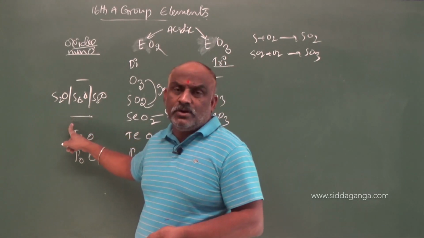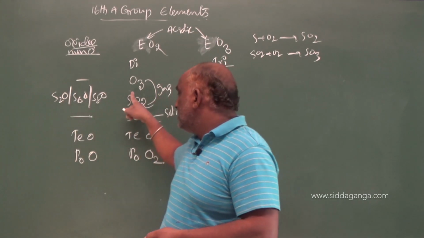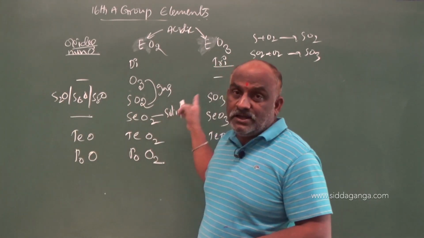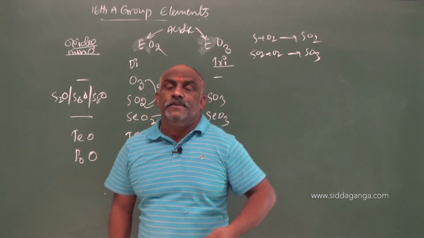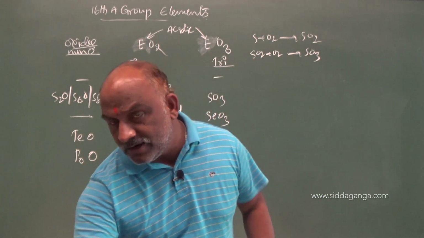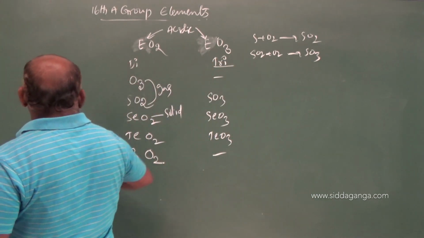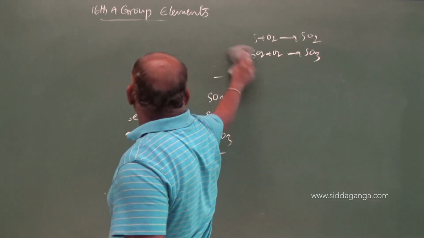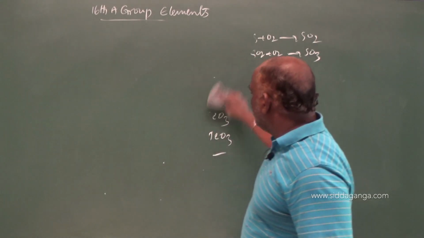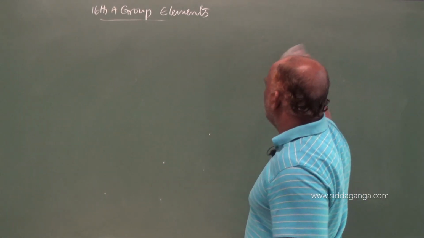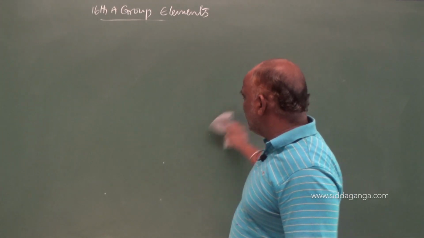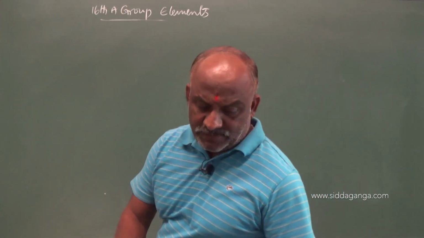Selenium is the exception for monoxide. The remaining elements form monoxides, dioxides and trioxides. These oxides are broadly divided into four categories: basic oxides, acidic oxides, neutral oxides, and amphoteric oxides.